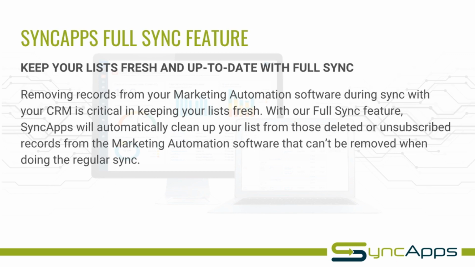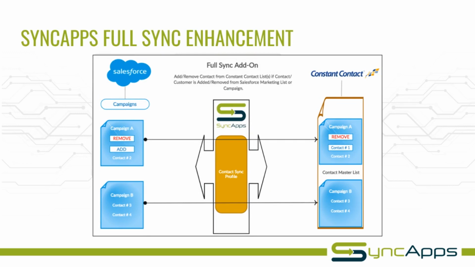With the help of the full sync feature, SyncApps will automatically clean up your lists from those deleted, removed, or unsubscribed records from both your marketing automation and even your CRM software that can't be removed when just doing the regular sync. Again, this is a brief flow chart on how the full sync feature works.